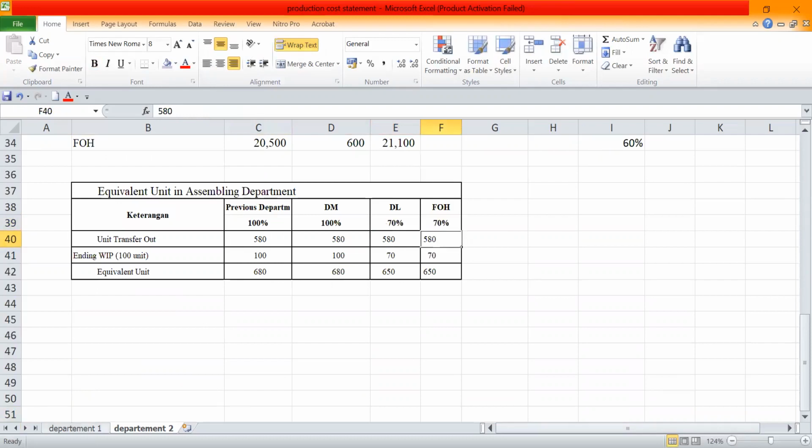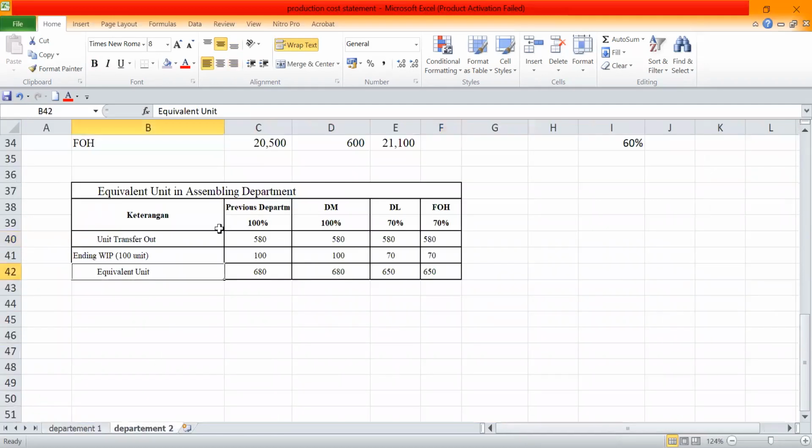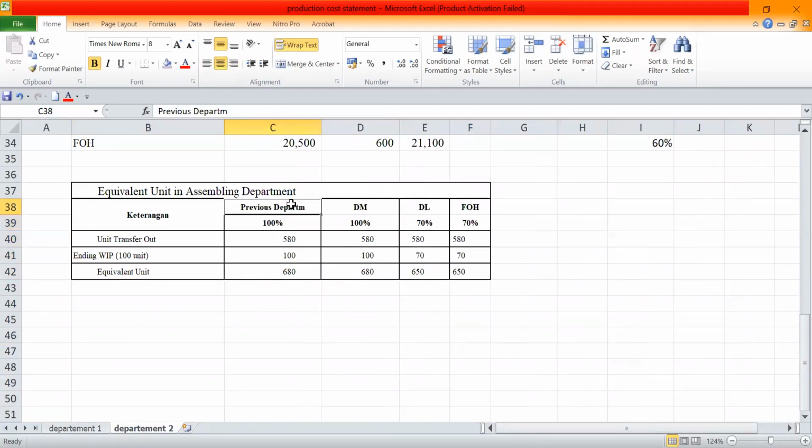In the first department, computing the equivalent unit was only for the three production cost parts: direct material, direct labor, and factory overhead. But in the second department, there is one additional computation: the equivalent unit of the previous department.